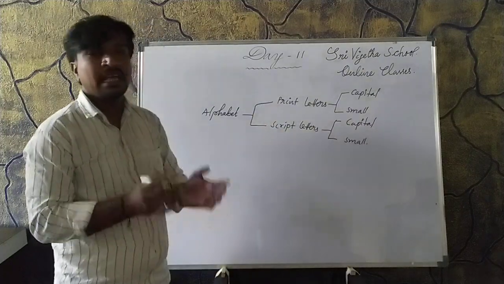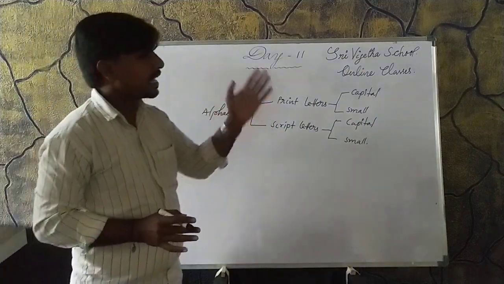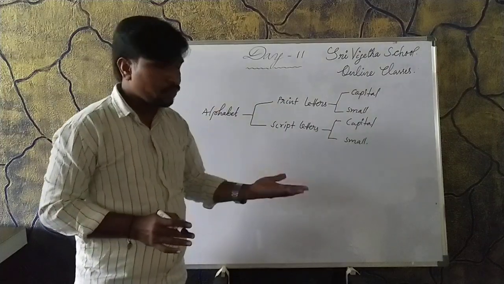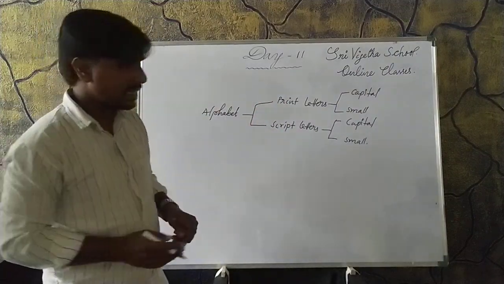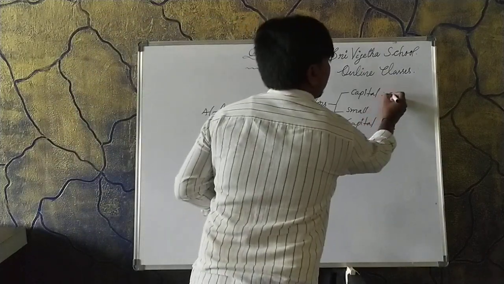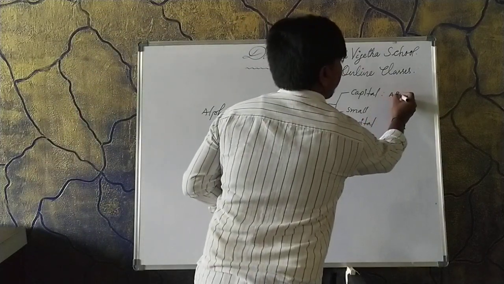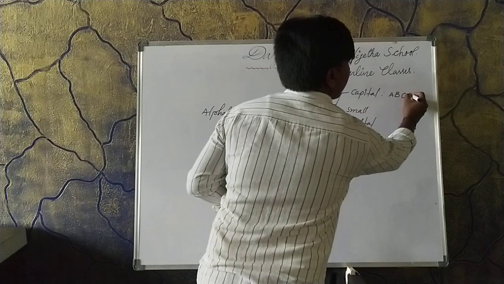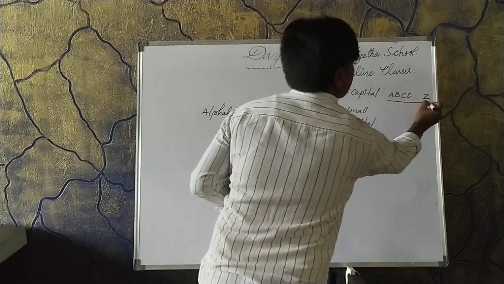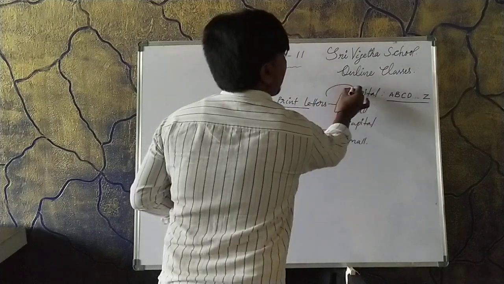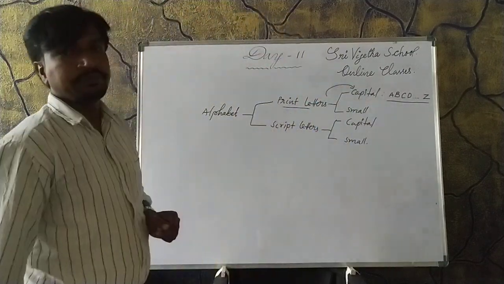Print means the letters which are shown in the textbooks. We often see capital and small letters in the textbooks. For example, A, B, C, D up to Z. These letters are print capital letters.